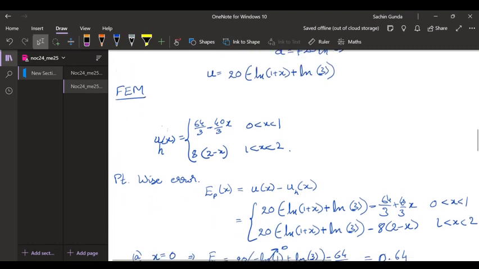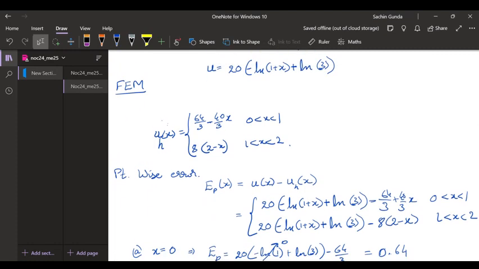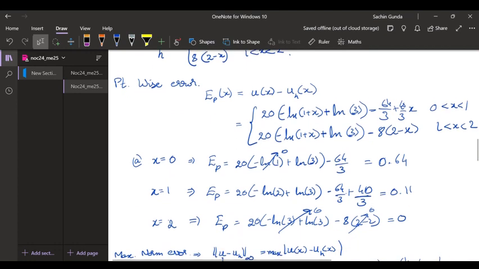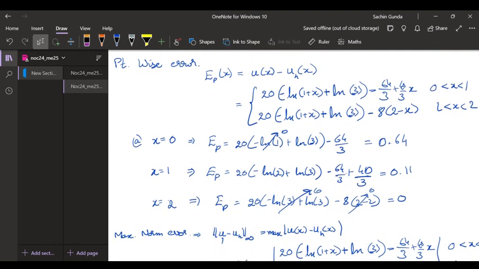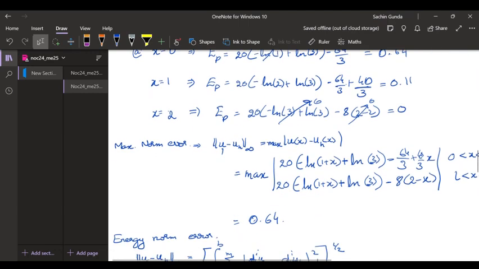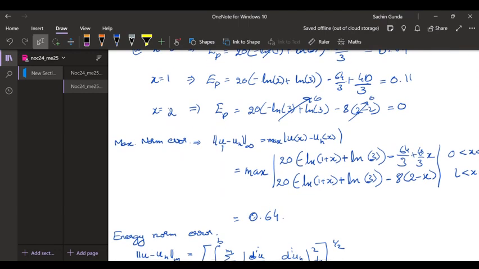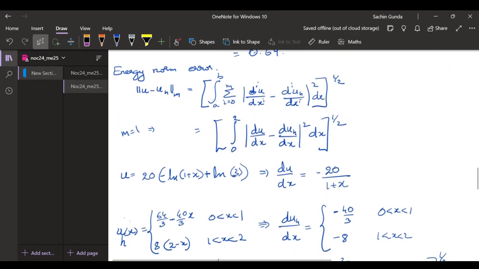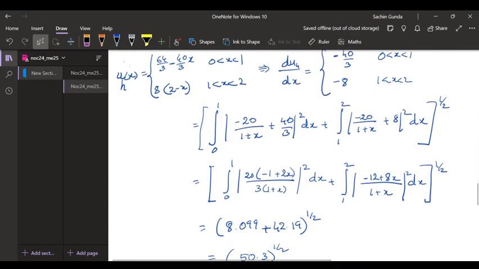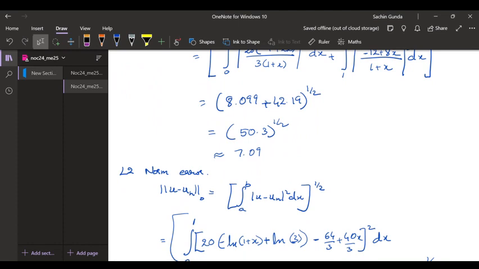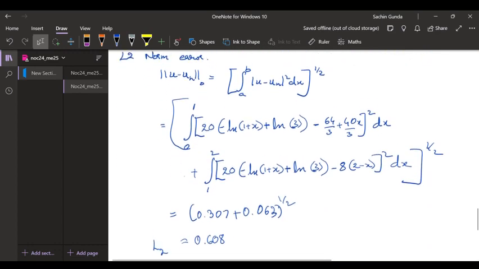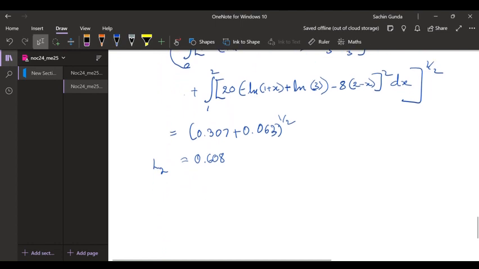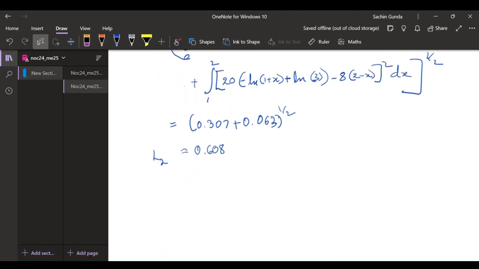For this we have calculated the pointwise error, which gives error at all the points. Then the maximum norm error, which we got as 0.64. Then the energy norm error, which we got as 7.09. We notice that energy error is larger when compared to other types of error. And then L2 norm error, which is 0.608. So in this way we can calculate the errors when we use FEM.